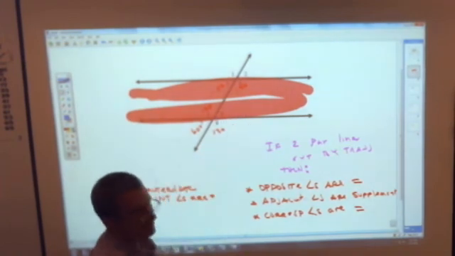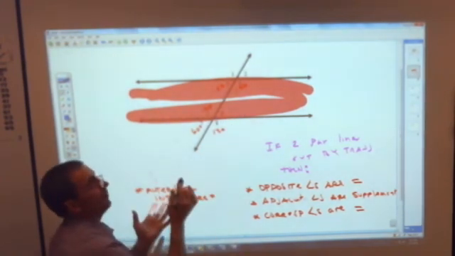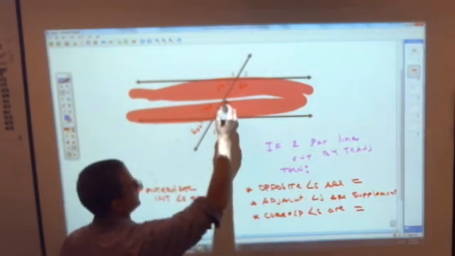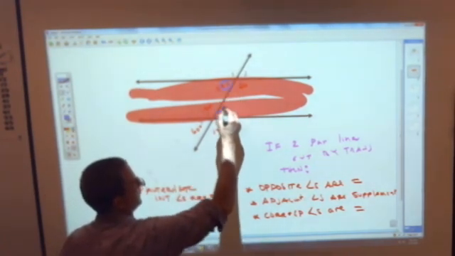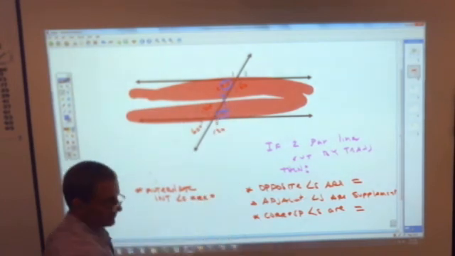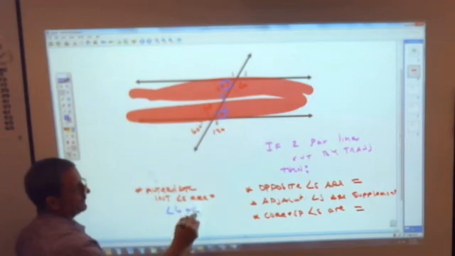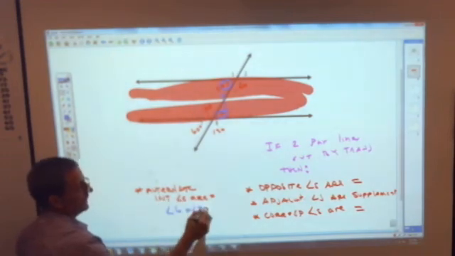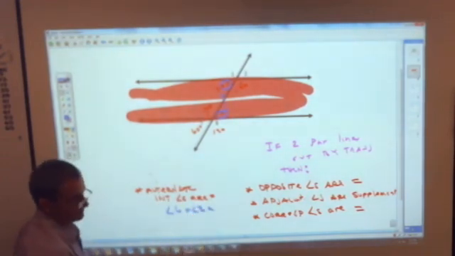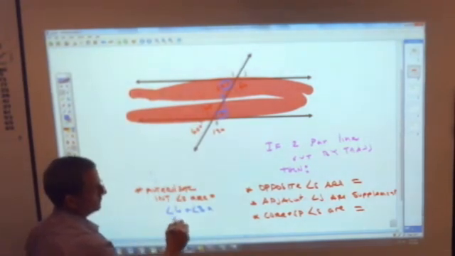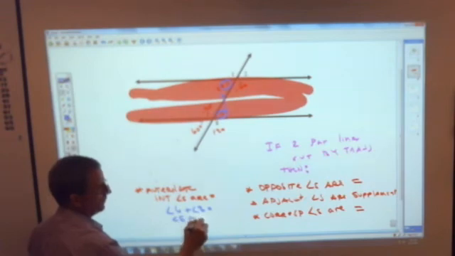Alternate interior angles are the ones that fall from one side to the other of the transversal. In other words, angle 6 is an alternate interior angle with angle 3. They flip-flop sides of the transversal. Angle 6 and angle 3 are alternate interior angles, and they are equal, as are angle 5 and angle 4. Those are alternate interior angles.